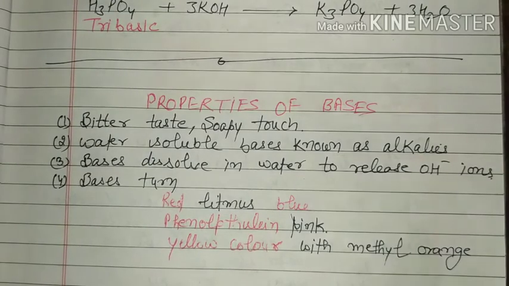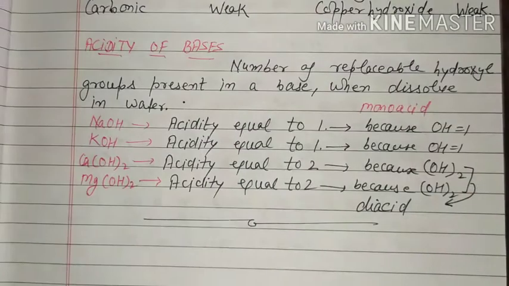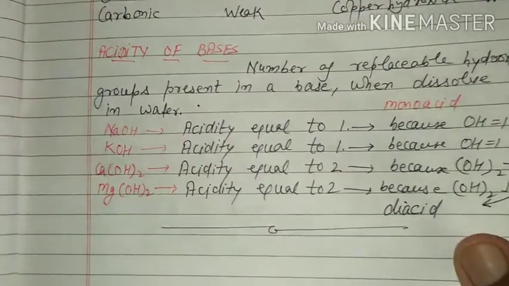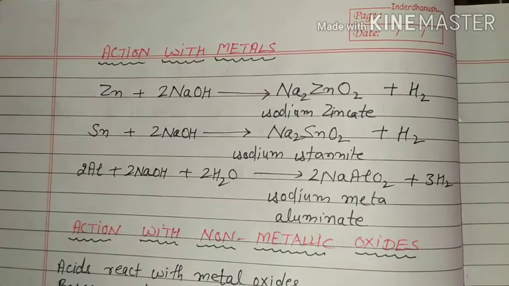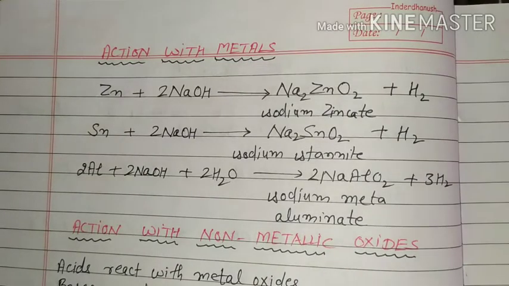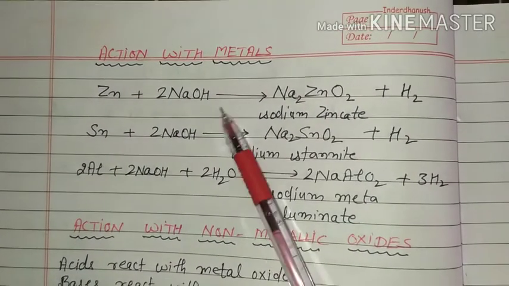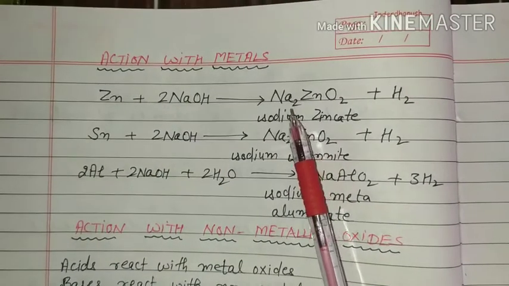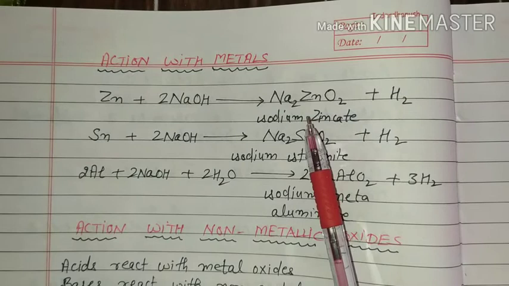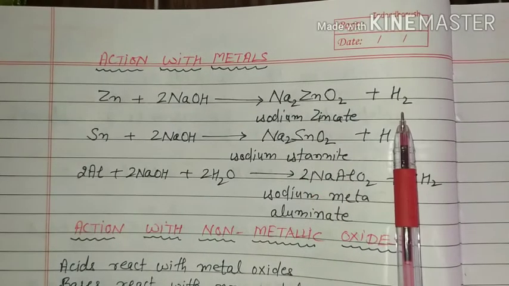Now we have discussed the properties of bases. Next, action with metals. First, the base sodium hydroxide reacts with zinc to give Na2ZnO2, that is sodium zincate, plus hydrogen.